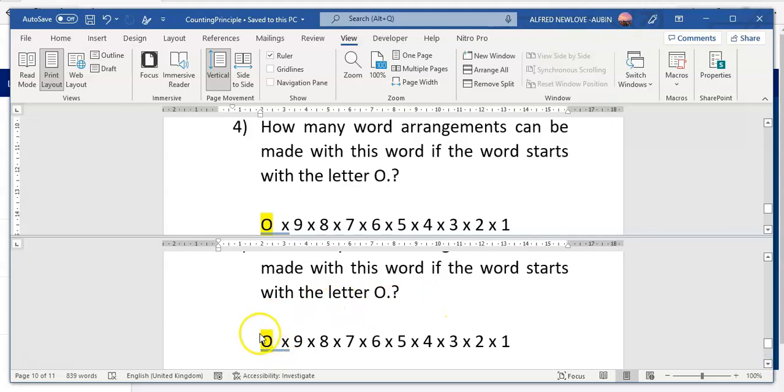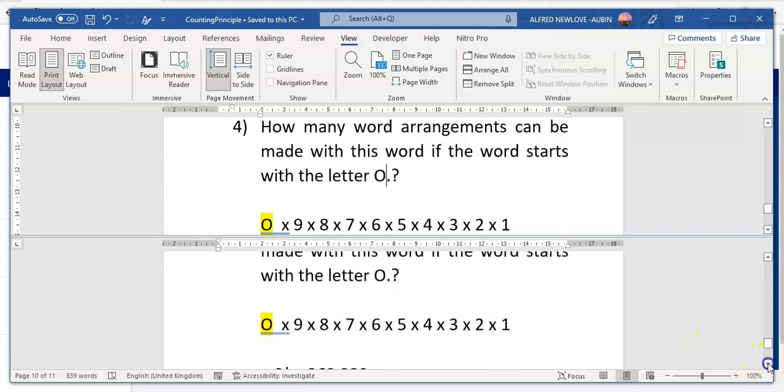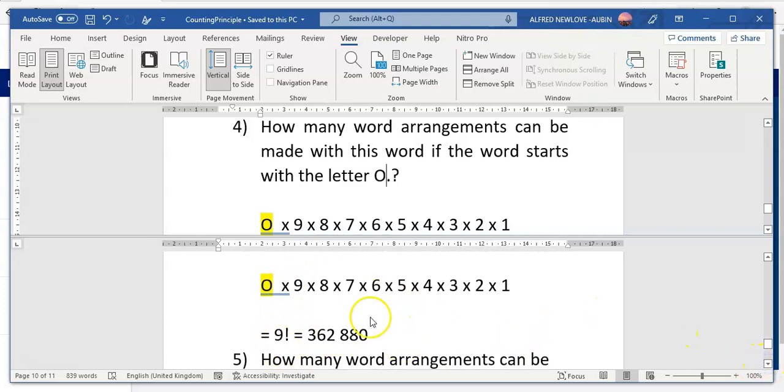The first space must occupy O. The first space must take only one O. It's fixed. So the first space is like a block. Whether you like it or not, it must occupy letter O. You pick only one O. How many letters are left? 9. So it's going to be 9 factorial. 9 times 8, 7, etc.